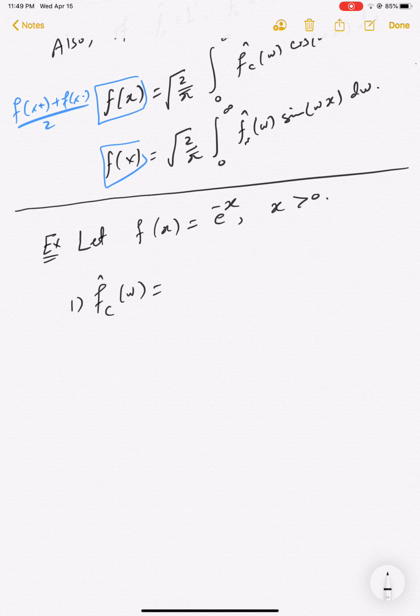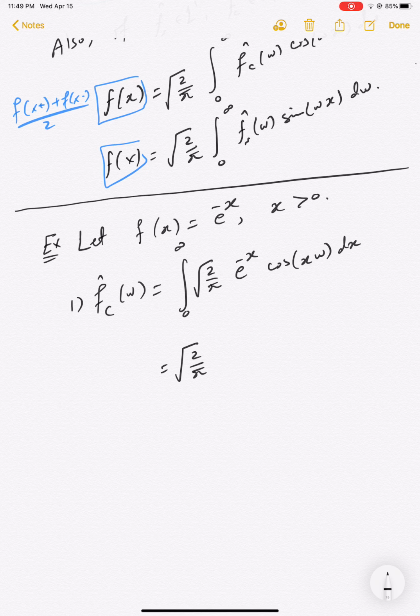So what is the Fourier cosine transform of this function? It is the integral. We have root 2 over pi as a constant, from 0 to infinity, the function times the cosine. So now we need to do the integral of e to the minus x cosine omega x dx.